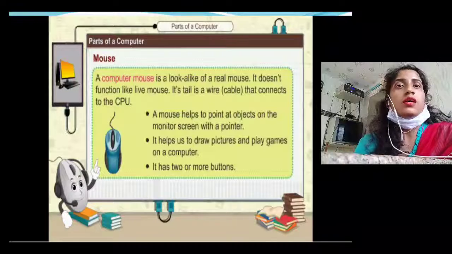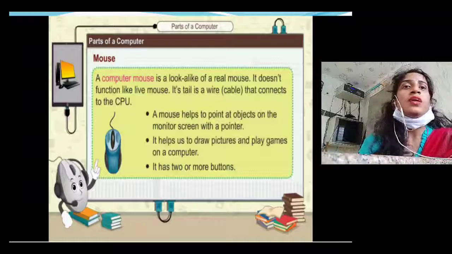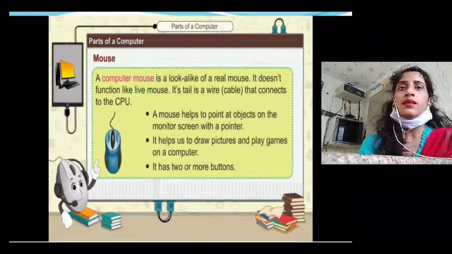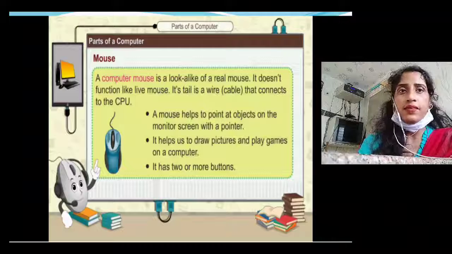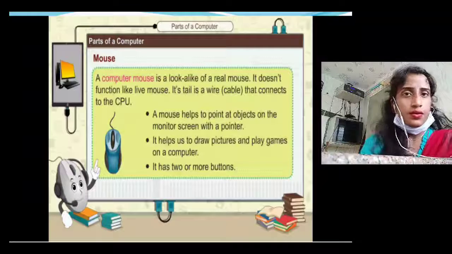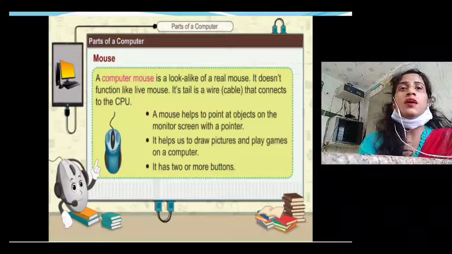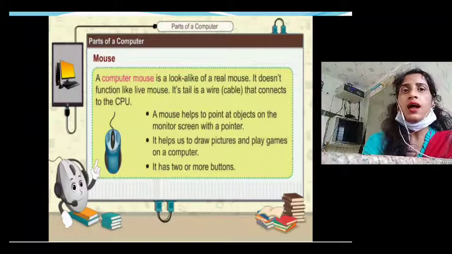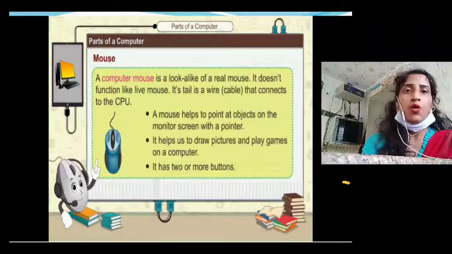In a computer, the mouse looks like a real mouse. It does not function like a live mouse. Its tail is a wire. Wire means the cable that connects to the CPU. Some points: a mouse helps to point at objects on the monitor screen with a pointer.